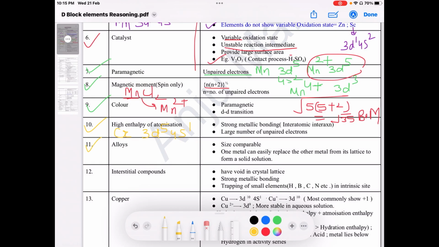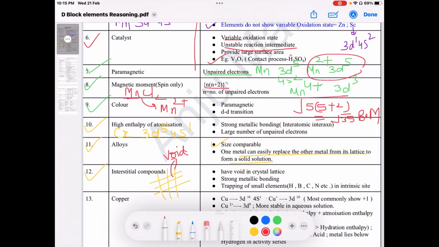Next question. d-block elements form alloys. Because they have comparable size, one metal can easily replace the other metal in its lattice to form a solid solution. They form interstitial compounds that result because of strong metallic bonding, and these gaps are known as an interstitial site or a void.